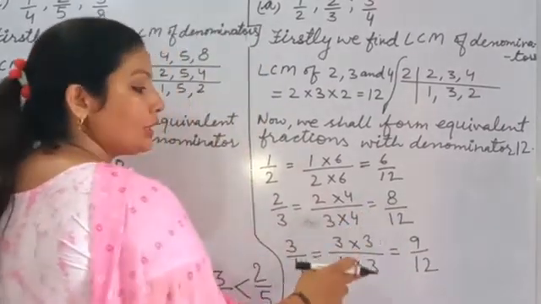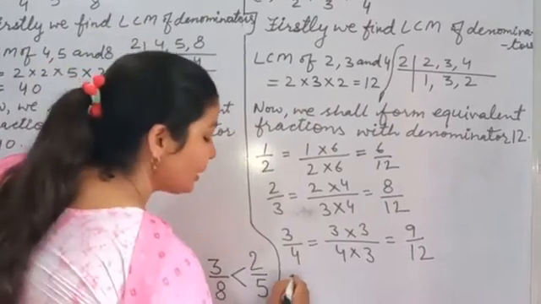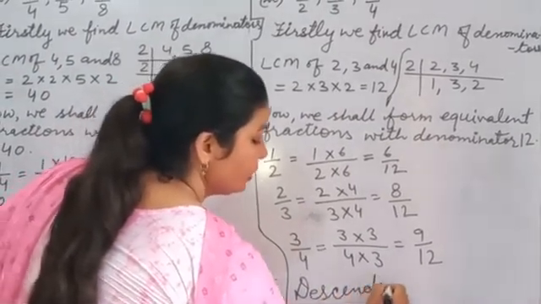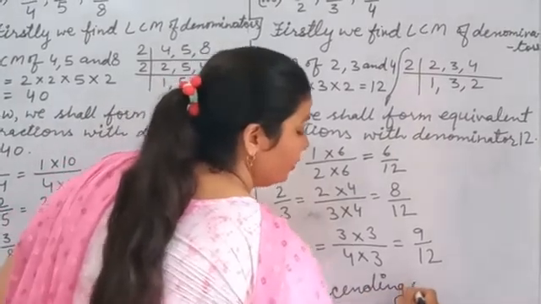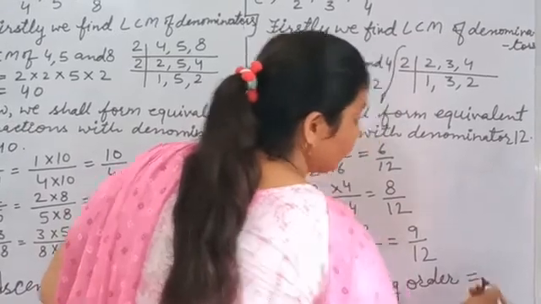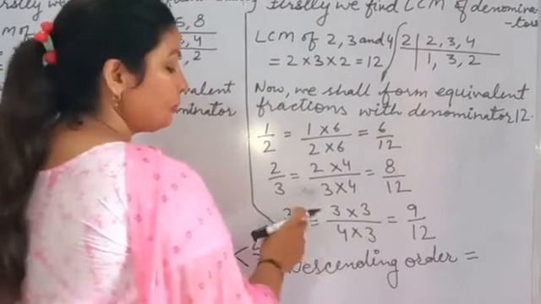So as we know which is the big? 9 is big. So this is the largest one. So we write here descending order. So as we know, beta, which is the largest one? 3/4. 9/12 comes from 3/4.